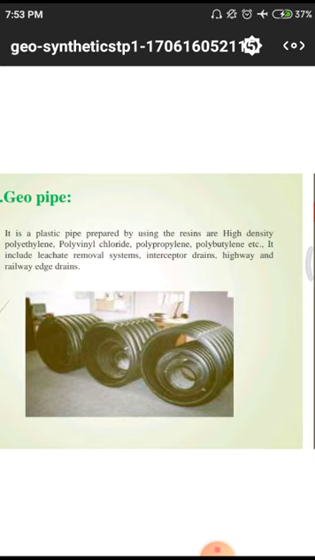Why? Because in those particular areas, exclusively in interceptor drains, highways and railways, we have to bear huge quantities of loads. To bear those kinds of loads, we have to install these kinds of geopipes for protection and utilization purposes.